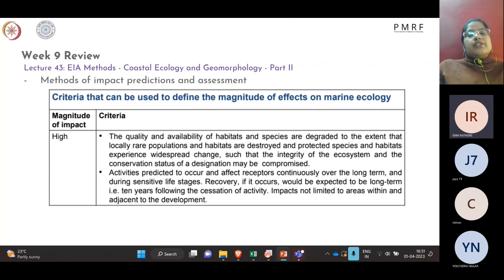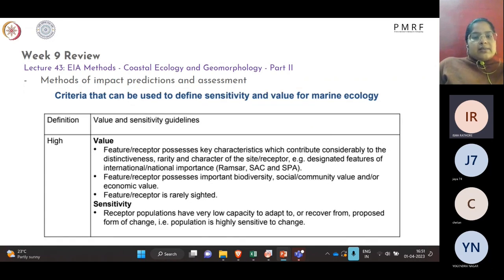Similarly, you have different criteria for a moderate impact, for a low impact, or a relatively insignificant impact. So these criteria are the same, and similarly, you have criteria for sensitivity analysis. So in sensitivity analysis, you look at two things, which is the value of the effect and the sensitivity of the receptor population. So for a high significance impact, we have the features or the receptor possesses key characteristics which contribute considerably to distinctiveness, rarity, and character of the site receptors.